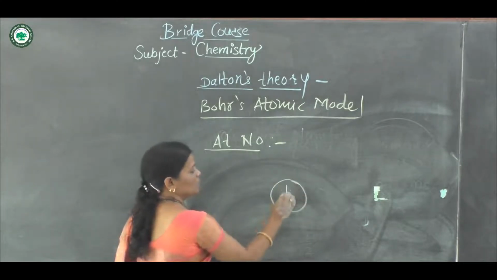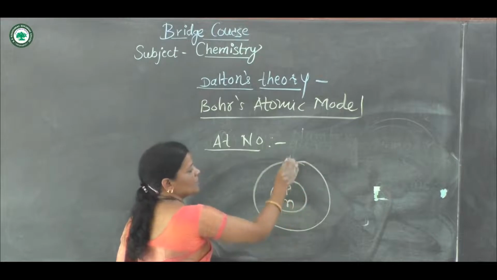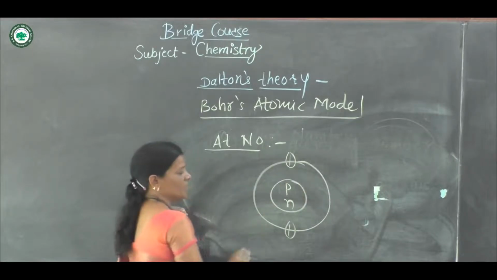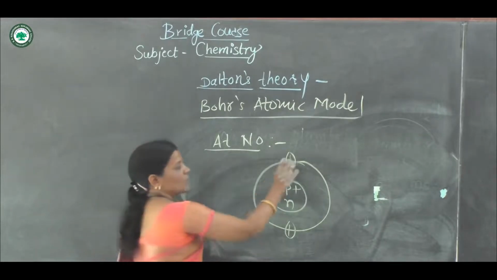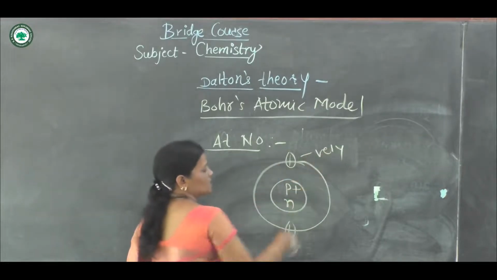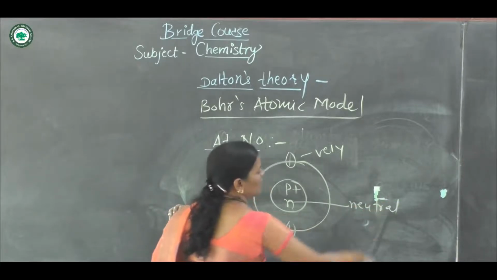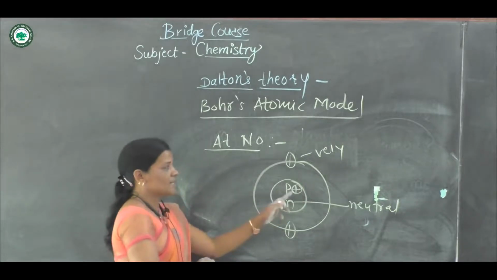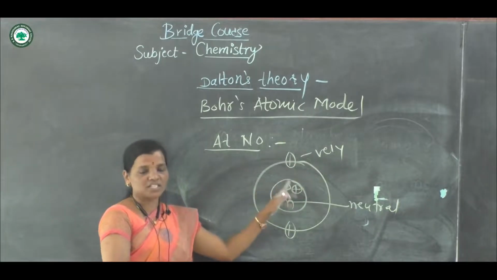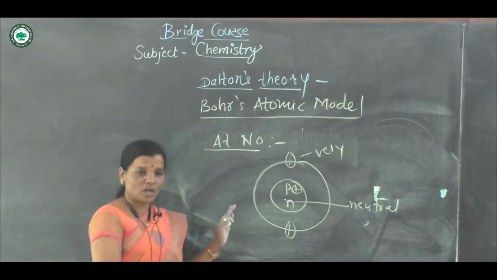Protons are positively charged particles, electrons are negatively charged particles, and neutrons are electrically neutral particles. The positive charge on the protons gets balanced by the negative charge of electrons, and hence this atomic structure is a stable atomic structure.